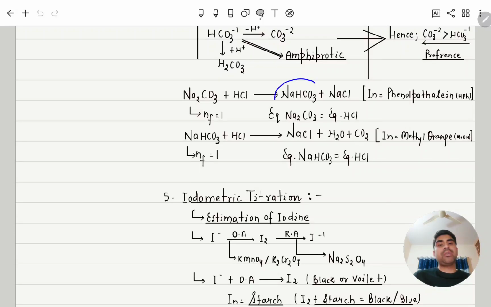Now after that, you can see this bicarbonate is newly formed, and previously bicarbonate was also there in the beaker. So now you have to add both numbers of moles.